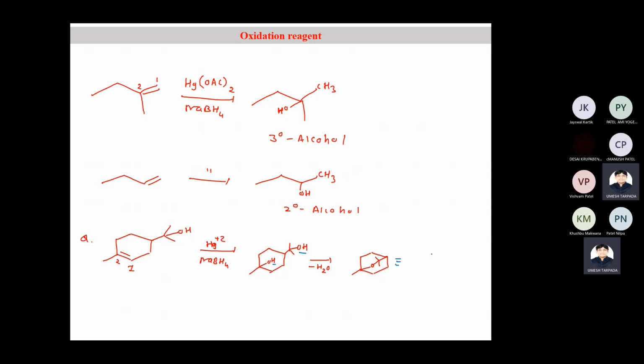See, this is a 6-member ring, which is as it is, with carbon numbers 1 and 4. This has a lactone moiety. So both the products are the same product. Here the methyl group is there, which is as it is. So see, both products are the same, nothing is changed. So this product is given in the option.